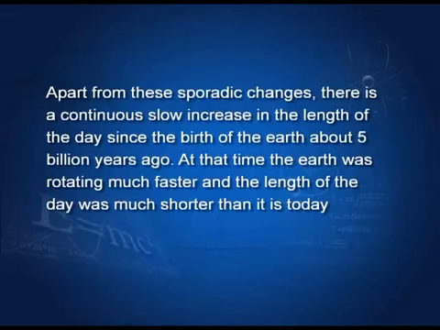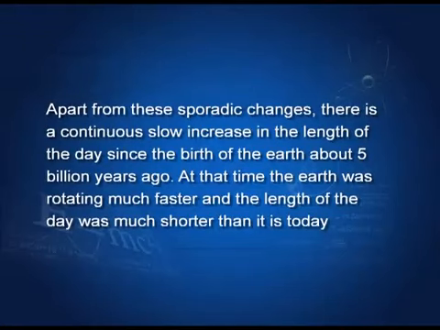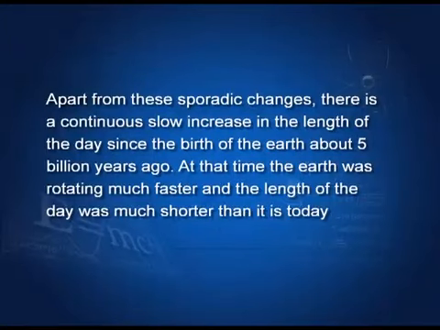Apart from these changes, there are also regular changes. When the earth was born about 5 billion years ago, it was rotating very fast, and then it slowed down slowly, and now its rotation is much slower than it was at that time, and therefore, the length of the day now is much longer than the length of the day when the earth was born.